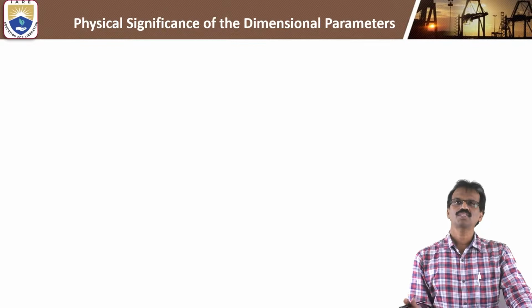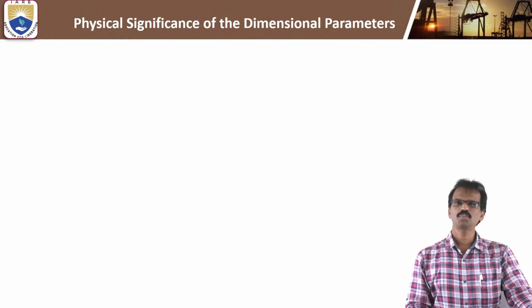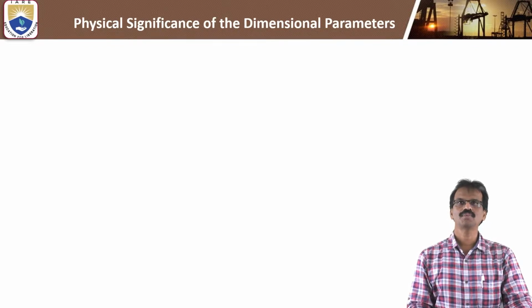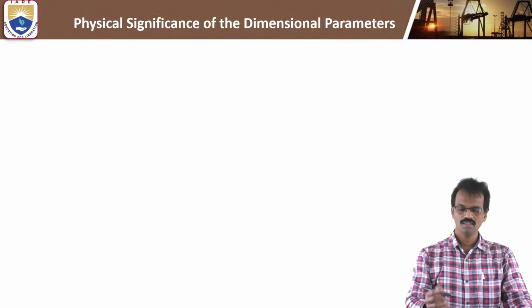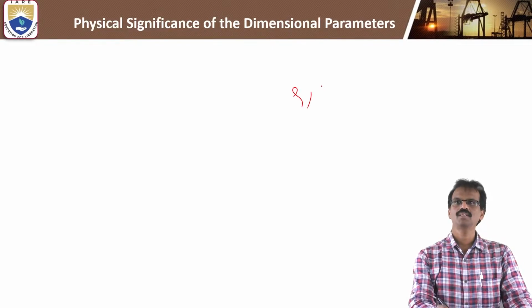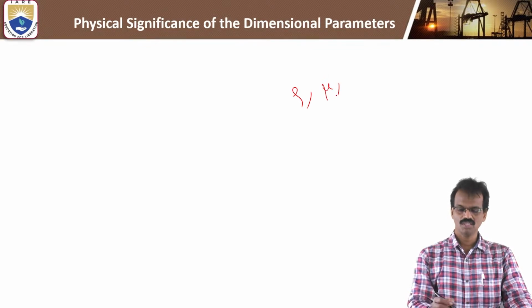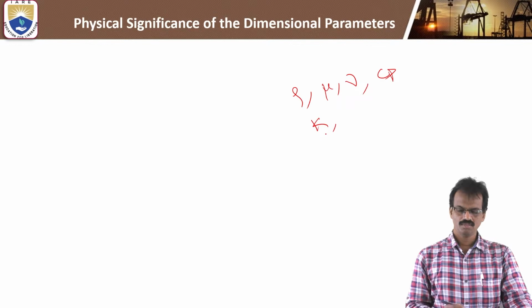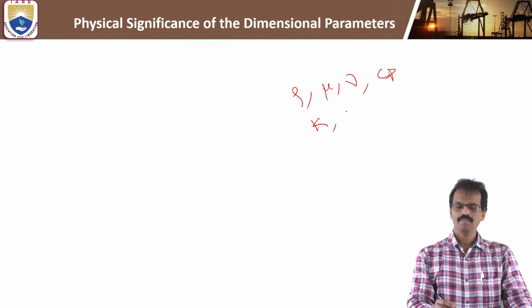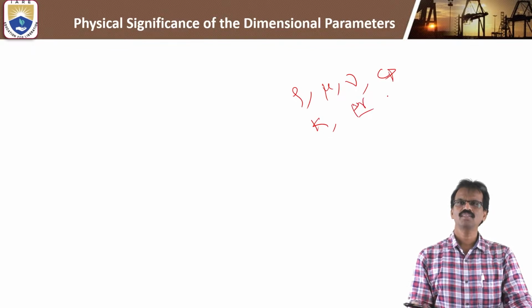So in the convection process, there are so many properties of fluids, like the density of the fluid, dynamic viscosity, kinematic viscosity, specific heat, thermal conductivity, and the Prandtl number. So many parameters are there for the fluids.